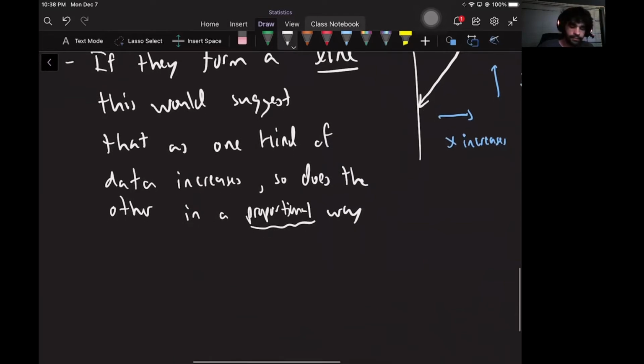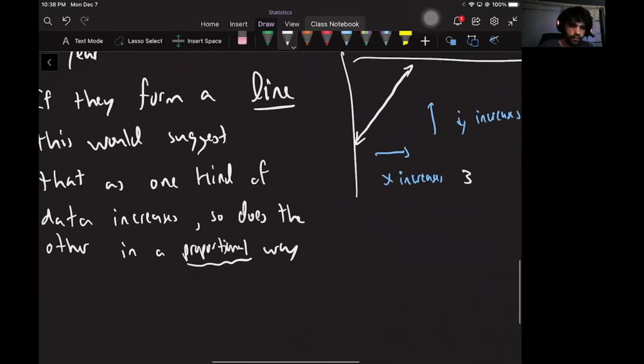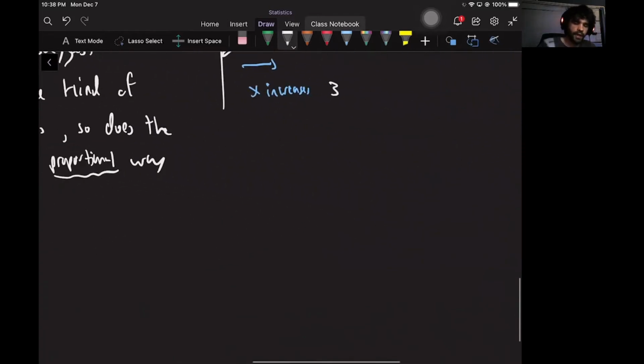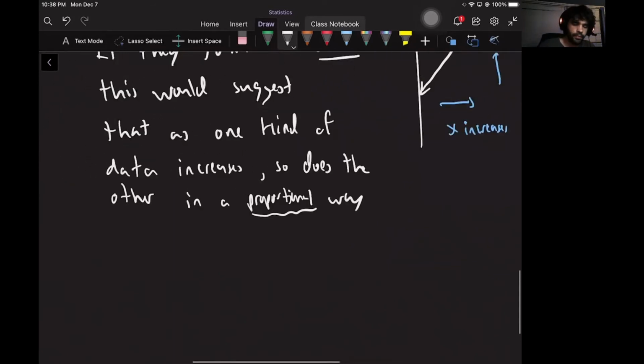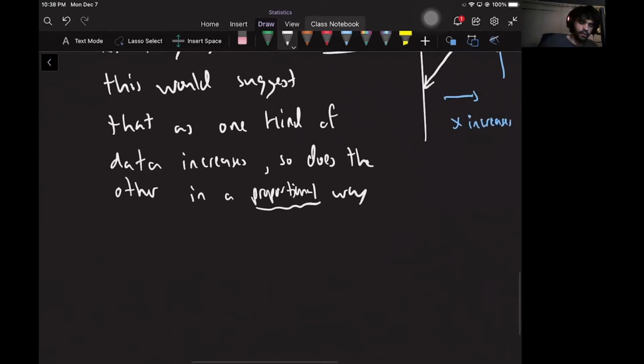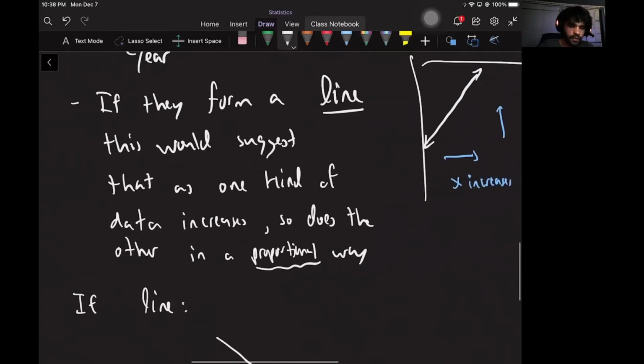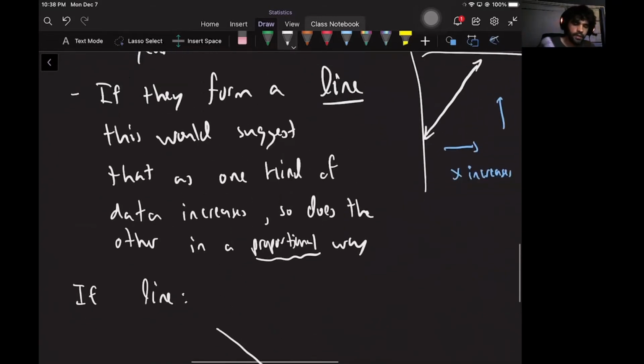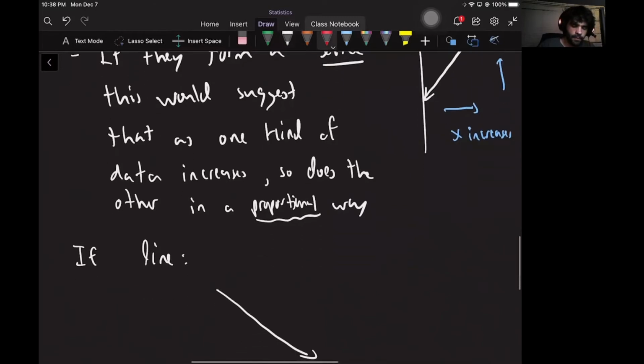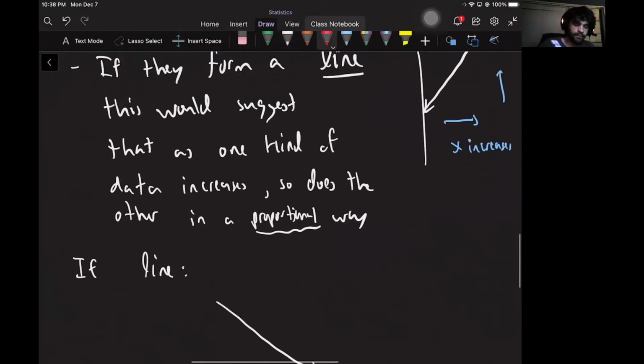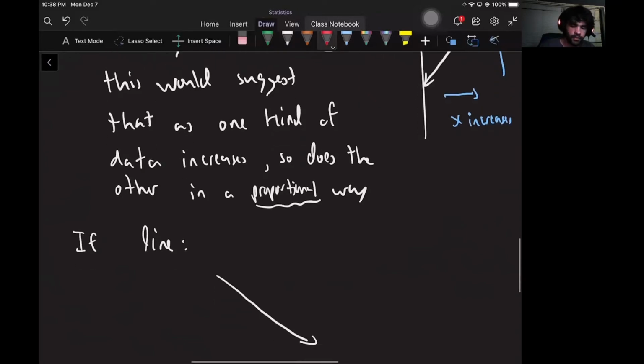So then what if the line was going down though? Well, if the line looks more like this, then what would that be suggesting? Just that as the first one goes over, the other one goes down.